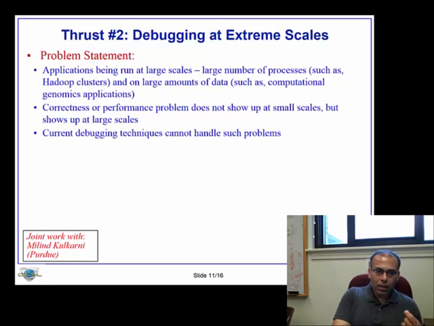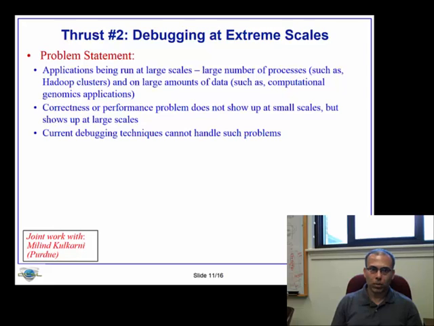Yet a third piece of work in this space is debugging problems which show up at extreme scales, at very large scales in terms of the number of processes, for example, the size of the Hadoop cluster and the number of the map and the number of reduce processes that are running on your Hadoop cluster, or in terms of the amounts of data.